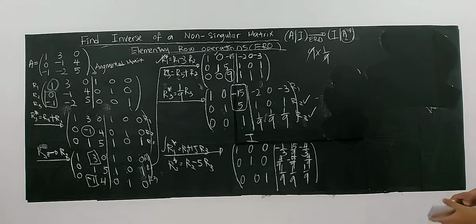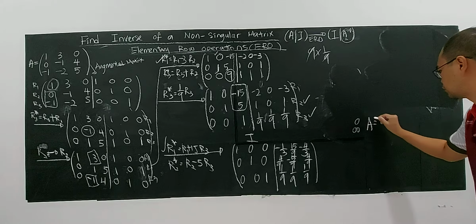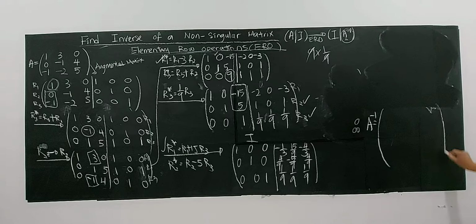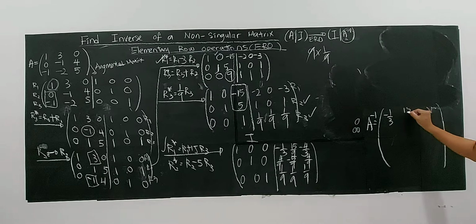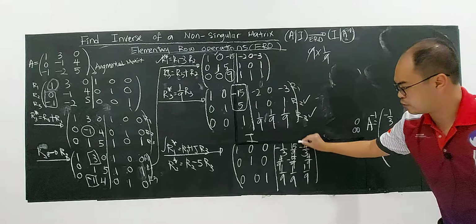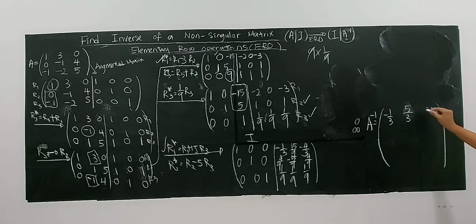So your inverse matrix, you have to state back. Your inverse matrix is the same as negative 1 over 3, 15 over 9. Simplify. 15 over 9 is 5 over 3.